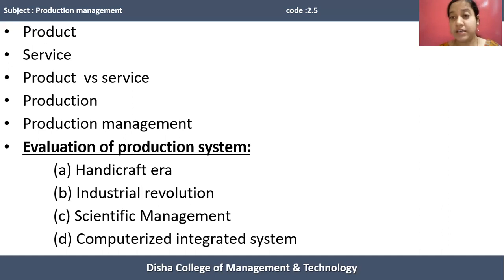Next, a product can be consumed after some time of production, meaning for consuming a particular product, the manufacturer first has to produce the product. After producing the product, or after some time, the consumer can consume it.